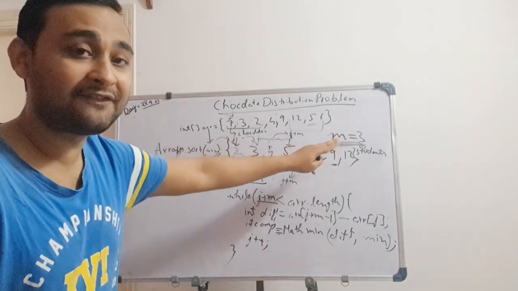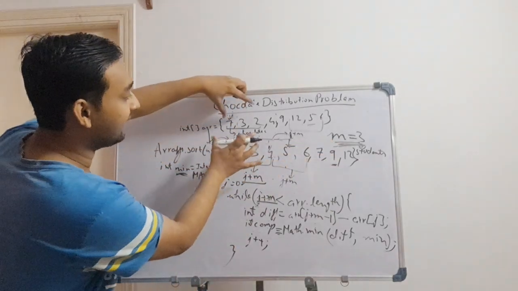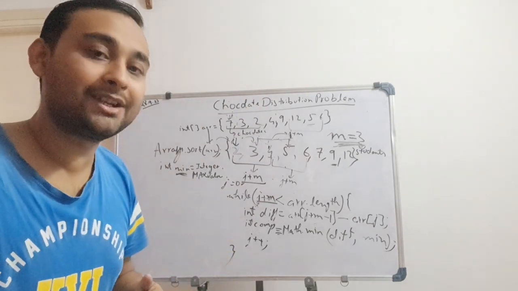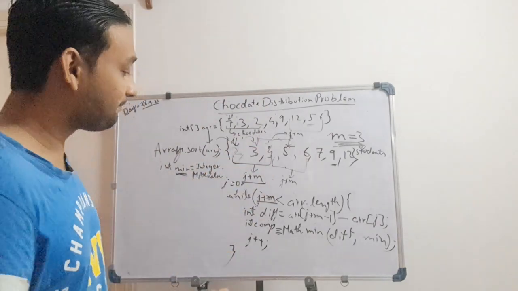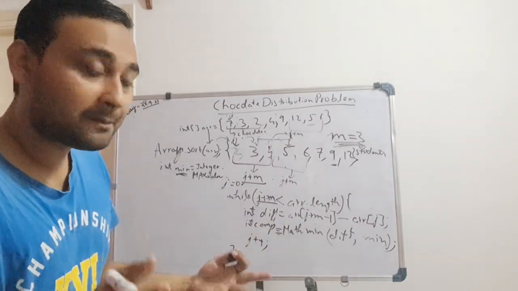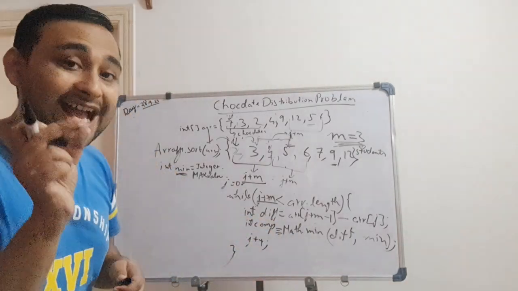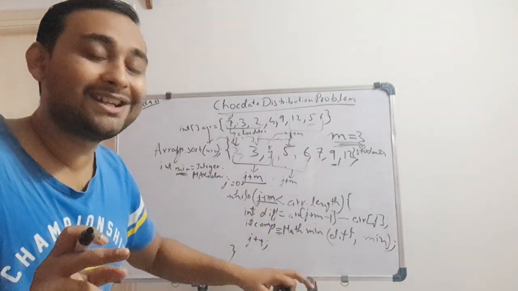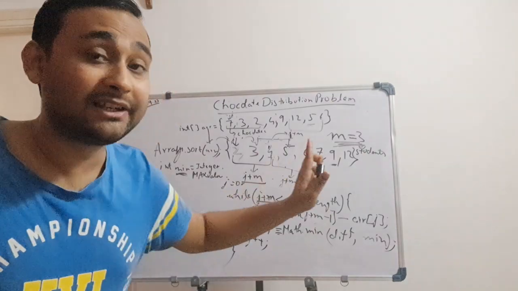Let's suppose m is 5. So now I will not take 3, I will take a window of 5, and then I will check the difference between maxima and minima to get the minimum element. We will find the difference of the maximum and the minimum, and with that difference value, we will compare which one is the minimum among all those differences.